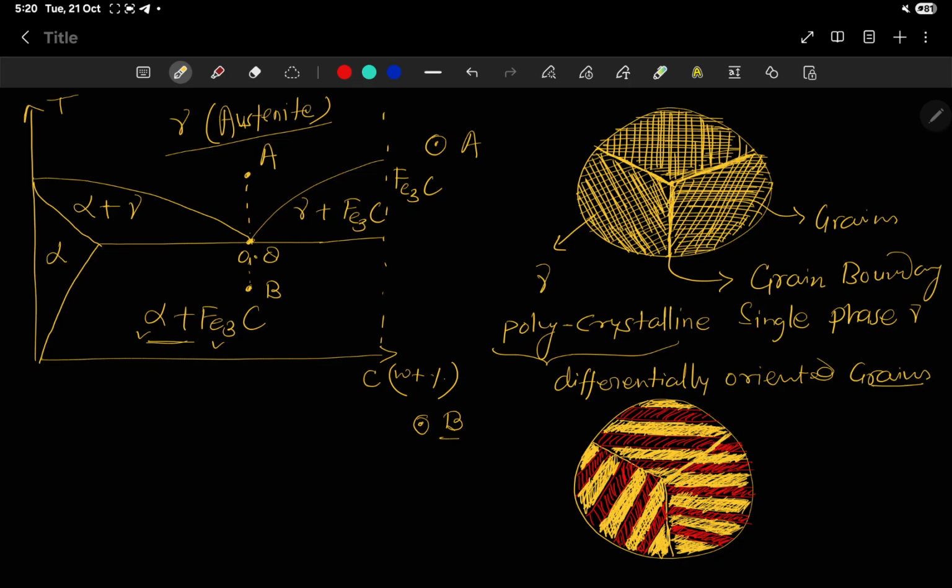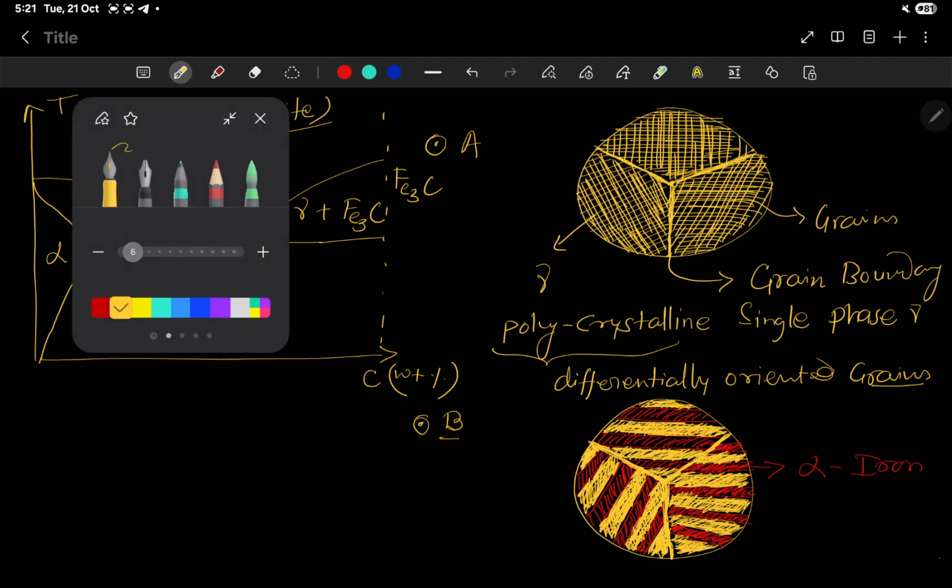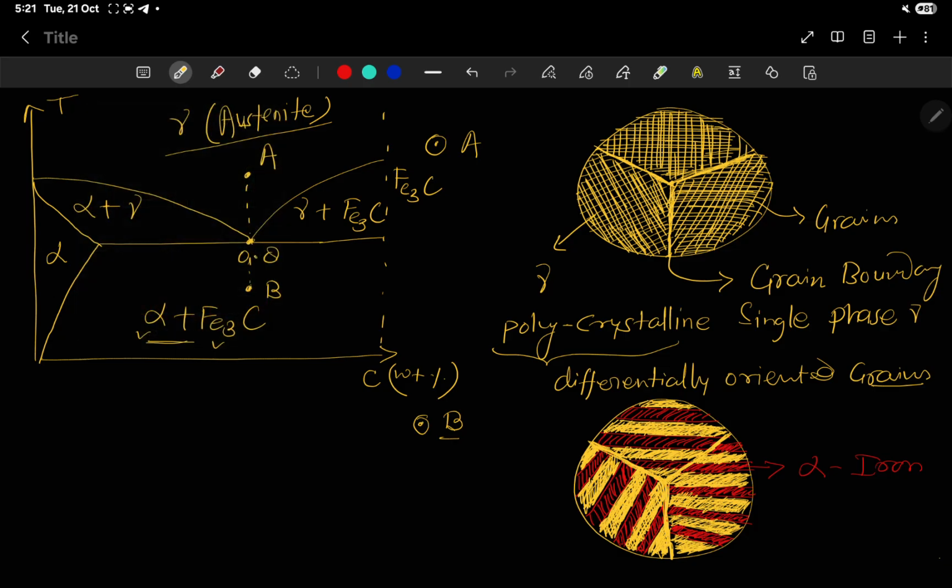This is the grain boundary. So you can see this red color I am denoting by alpha iron, and the yellow color we denote by Fe3C region.